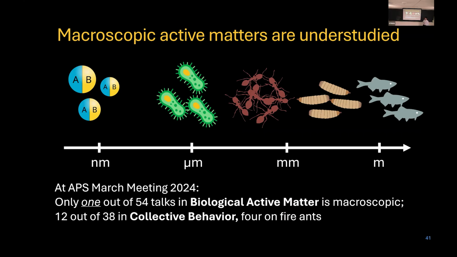Most of the talks are on bacteria and active matter, and only 12 out of 38 in collective matter, and 4 are on fire ants. So I really think there's a very promising and interesting space to look at active matter and the mechanical interaction of these collectives in macroscopic space.